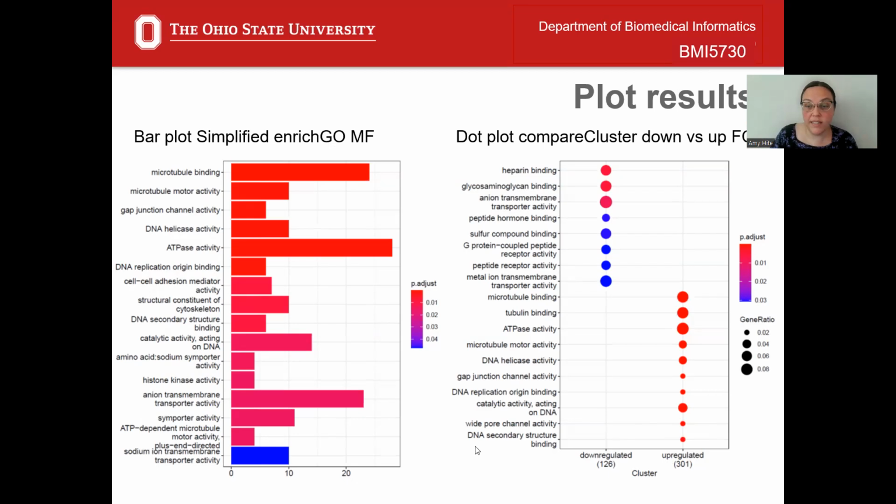So downregulated genes are more related to heparin binding, peptide hormone binding, all of these binding things. They're enriched in our downregulated genes. The other side are upregulated genes. They're related to tubulin. They're related to DNA activity and binding. So they're over here. So there are different functions represented by our positively or negatively changing genes.